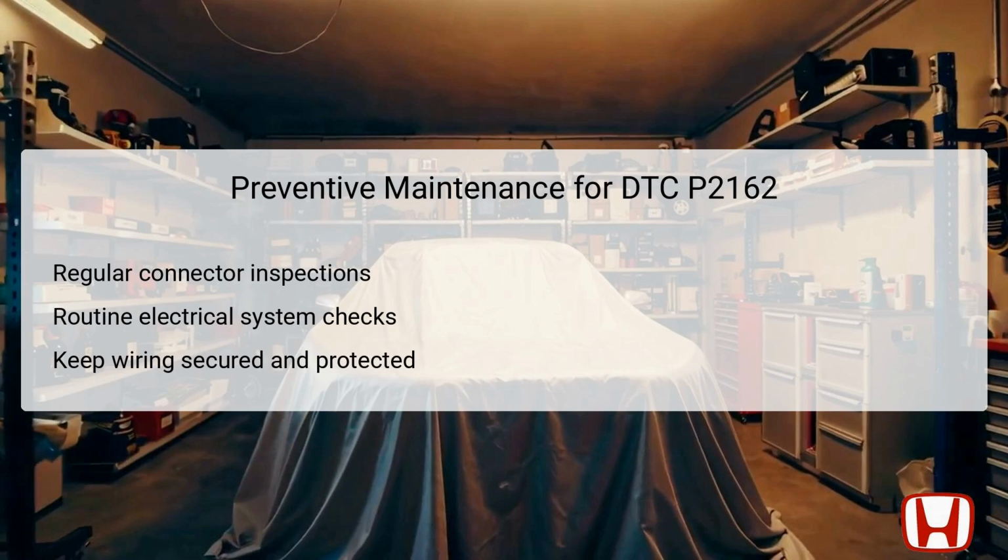Additionally, routine checks of the electrical systems and components can catch issues before they escalate into major faults. It's also important to keep wiring secured and protected from environmental damage, such as exposure to heat, moisture, or physical abrasion. By adopting these proactive measures, vehicle owners can ensure the longevity and reliability of essential systems.